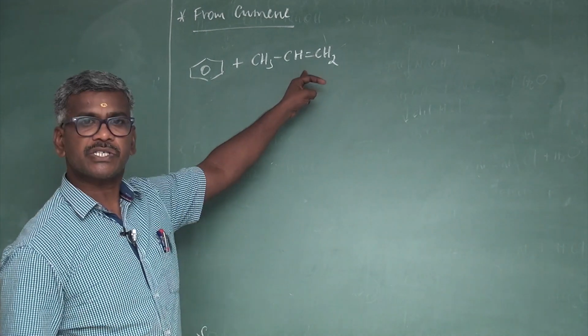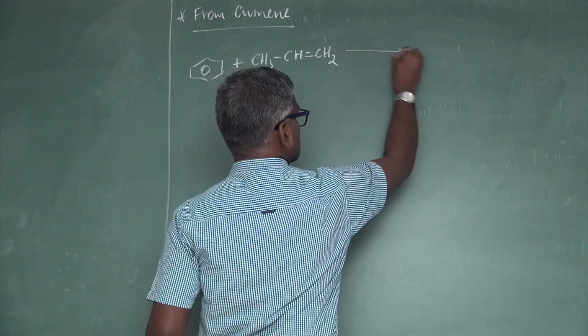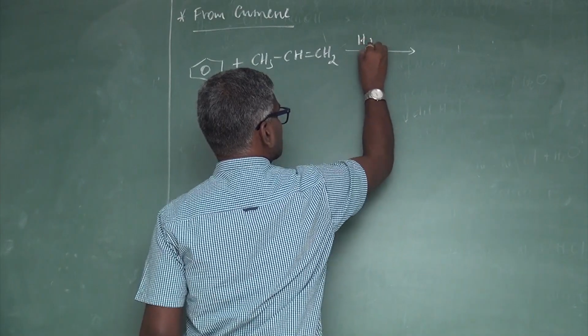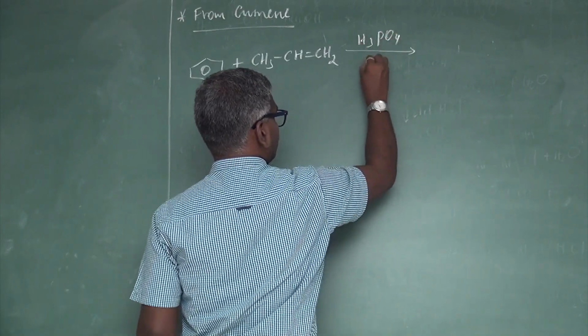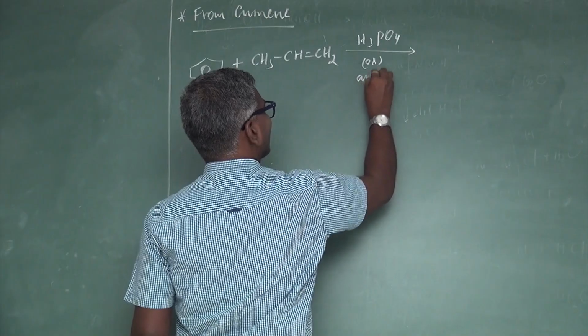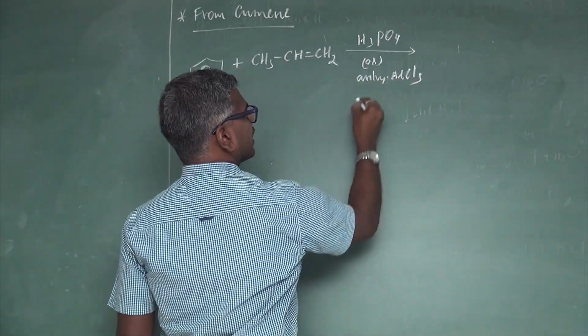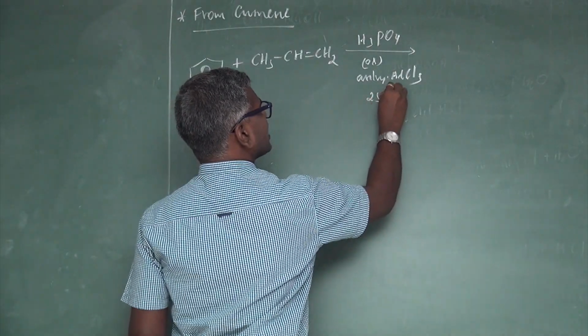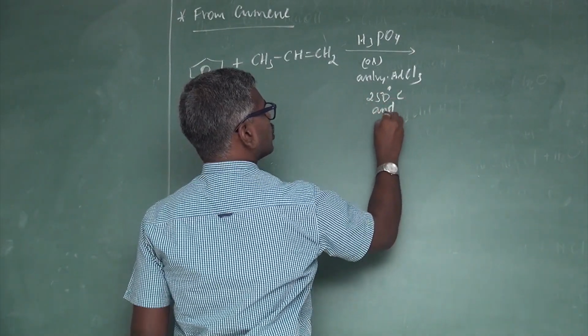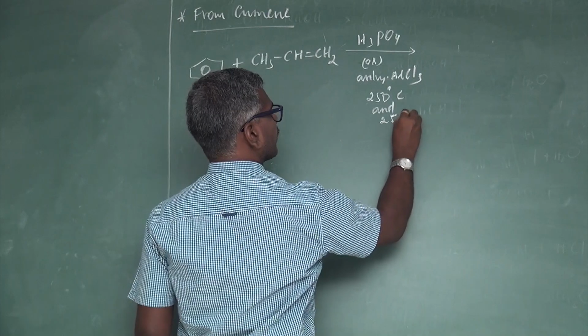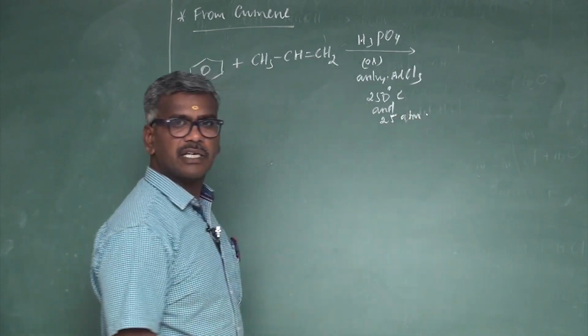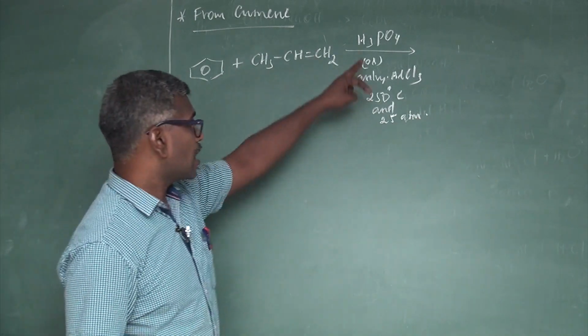Propylene is an unsaturated compound and reacts in the presence of orthophosphoric acid, H3PO4, or anhydrous AlCl3. Maintain the temperature at 250 degrees Celsius and 25 atm. These are the conditions.